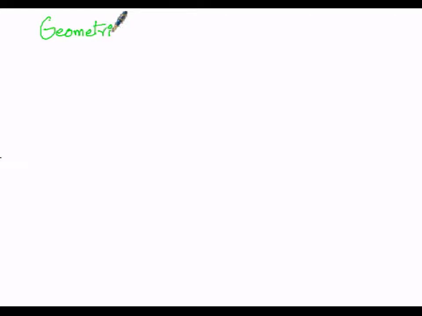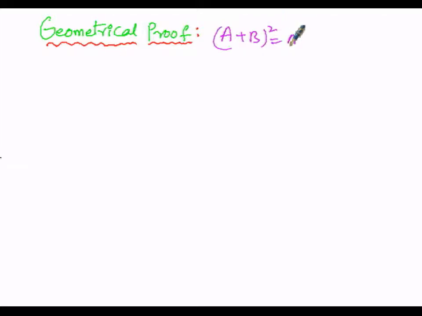So in our geometrical proof of (a plus b) whole square equals a square plus 2ab plus b square, first of all let us consider one square, that is ABCD.